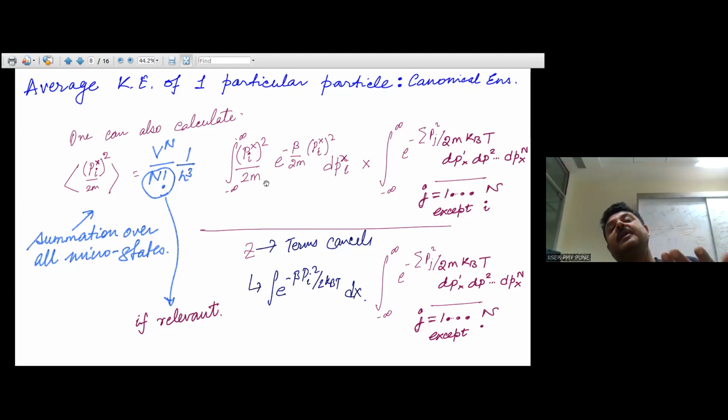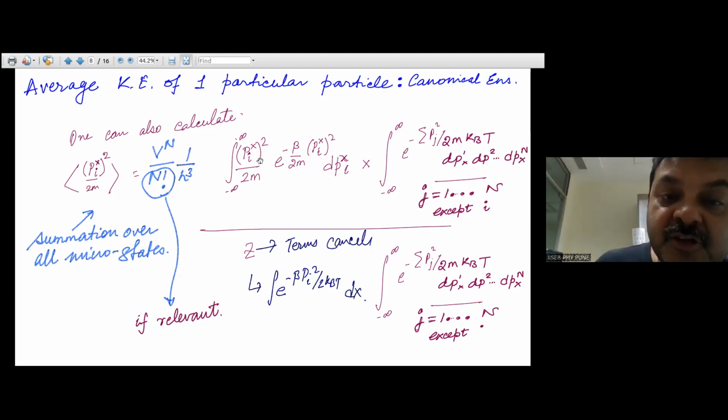We are doing an ensemble average, so we are allowing all momenta to vary from minus infinity to plus infinity: sum over all microstates, the probability of that microstate, and the value of a particular variable in that microstate.